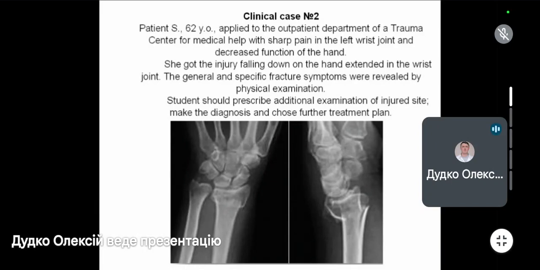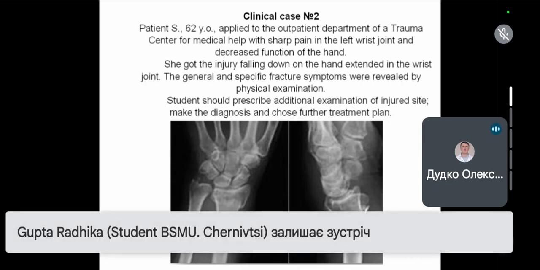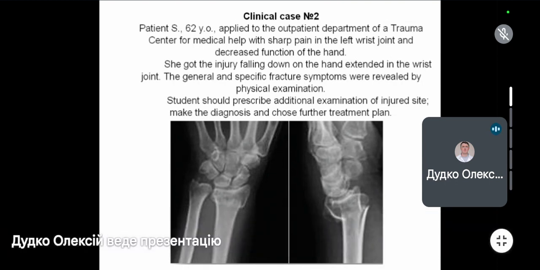And you should also tell how long the plaster of Paris is applied. The plaster of Paris is not circular. This bandage is semicircular. It's a posterior cast, and it starts from the metacarpophalangeal joints to the elbow joint.